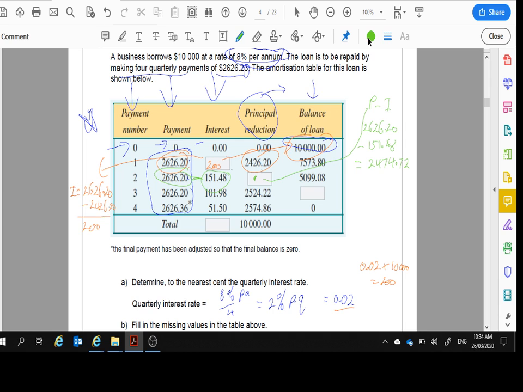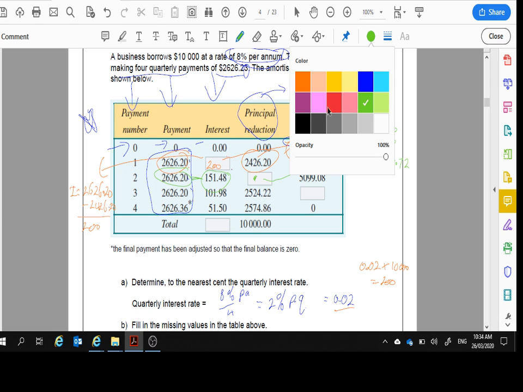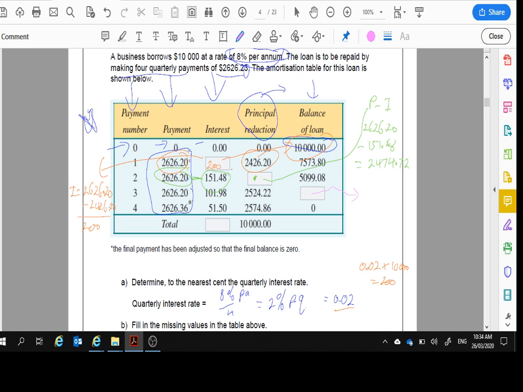I'll change color again. I'll do purple. Okay, this box right over here, the balance of the loan. Remember the balance is what we had originally, minus what we're taking off the loan to get what's left.